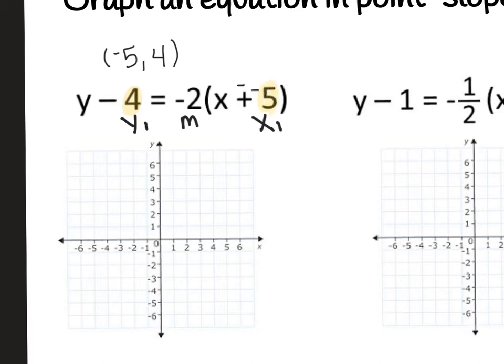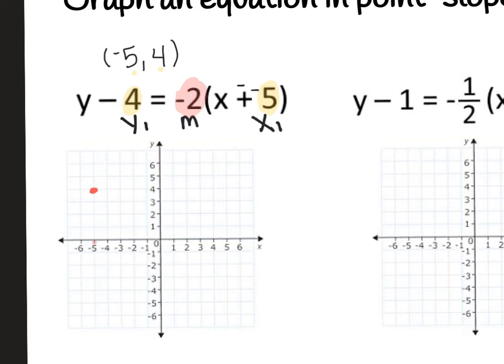That is our point. So we know that this equation is going to pass the point negative 5, 4. So we go on our graph, and it's negative 5 right here. And then we go up to 4, and we put a point. It passes through that point, and then our m, or our slope, is negative 2.